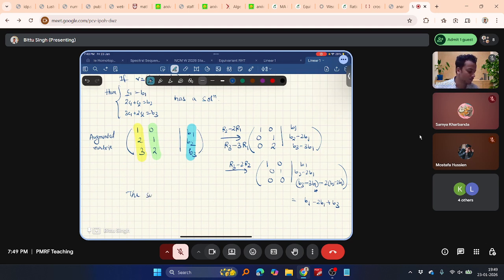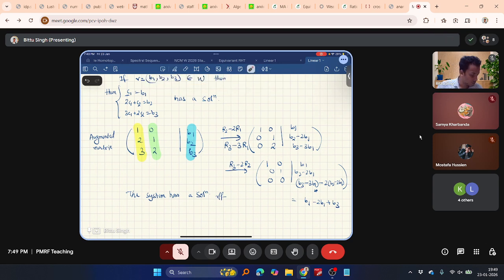So the system has a solution if and only if... So when will this system have a solution?